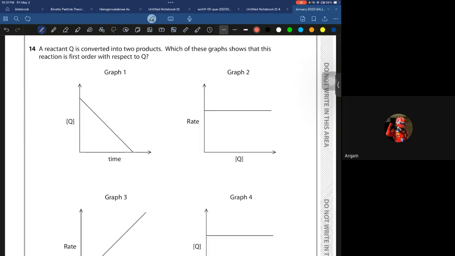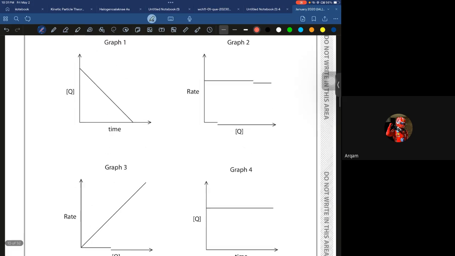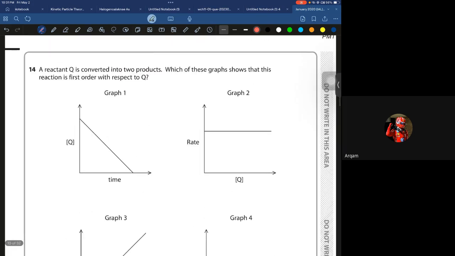I have shown you multiple graphs, concentration versus time, rate versus concentration. We have discussed these graphs. What is a first order reaction? First order means that if the concentration is doubled, the rate is doubled.